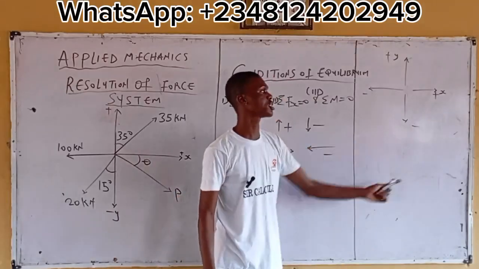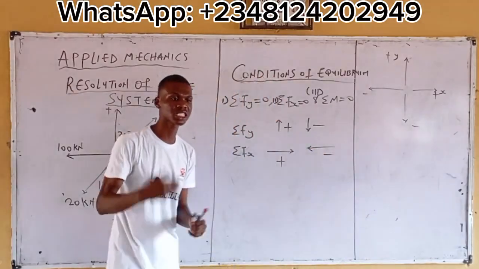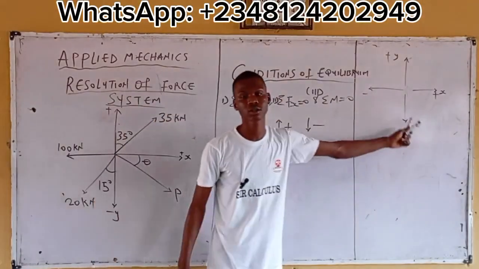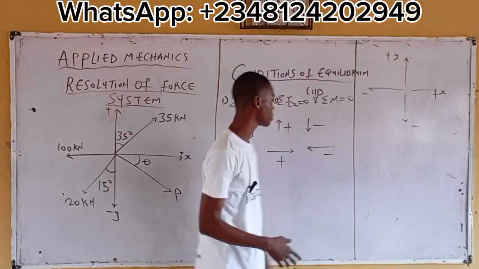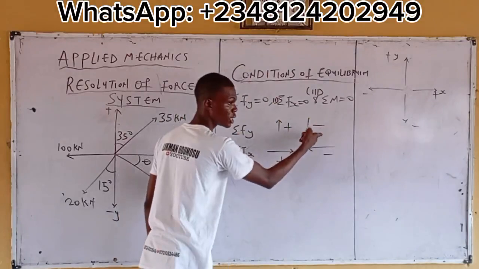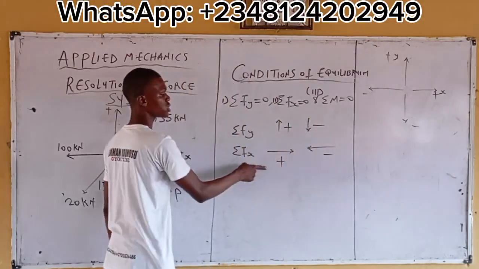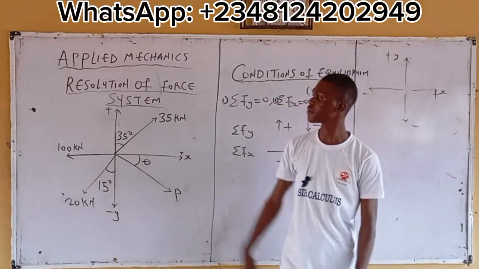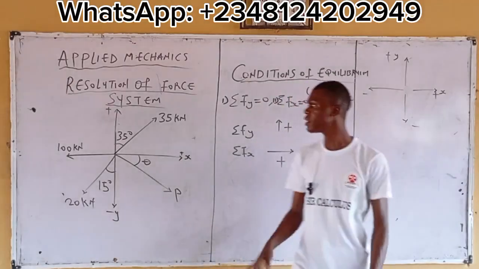It is from our Cartesian coordinate that we brought this out. So in general, considering these forces related to your Cartesian coordinates, it means forces of this nature are positive, forces of this nature are negative. Now, check this force system and identify how many forces of this nature there are.